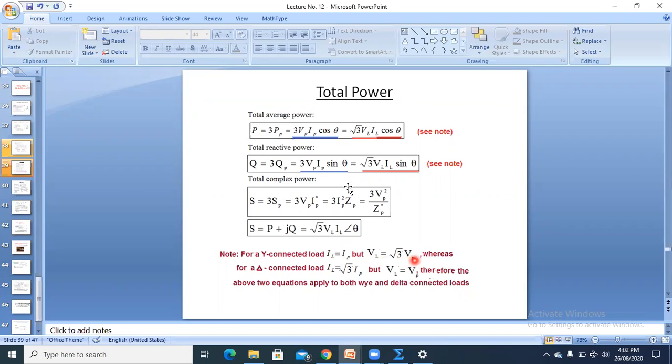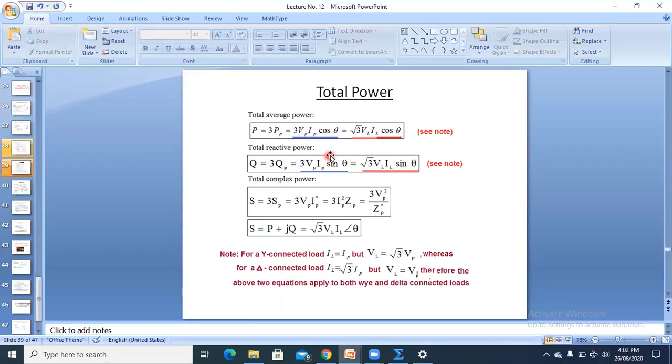So if we substitute the value of Vp here, it is V line over root 3, and IP is equal to IL. So 3 divided by root 3 will give root 3, and we will have root 3 VL IL cos theta, right?